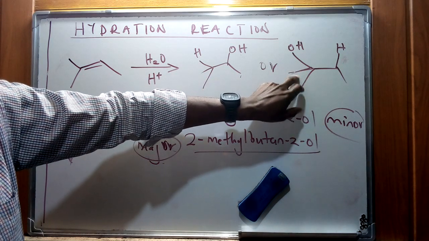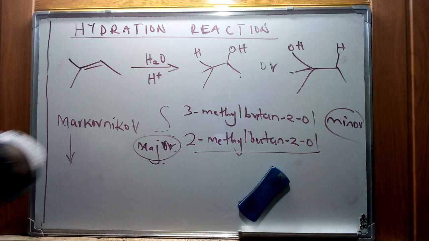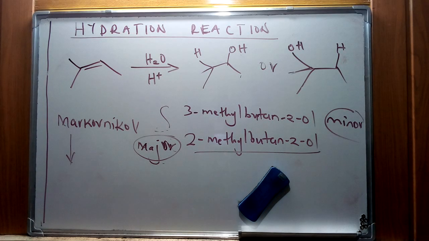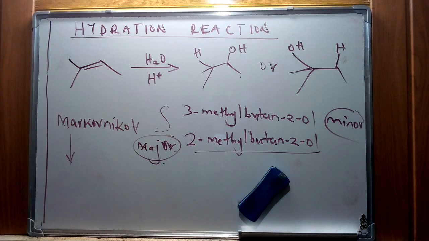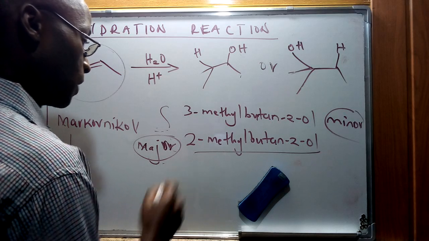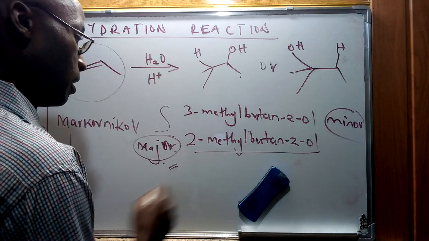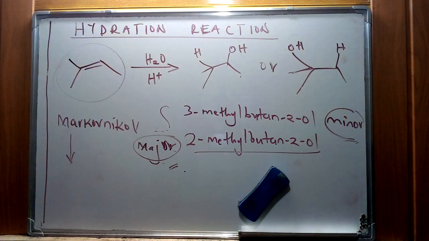So for the X, which we had considered for the alkyl or other groups like the OH groups which are more electronegative, they're going to be attached to this particular carbon with more substituents. That is in accordance with Markovnikov's rule, and it gives a priority for products such as this one, which undergo hydration, and dictates which are going to be the major products and the minor products respectively.